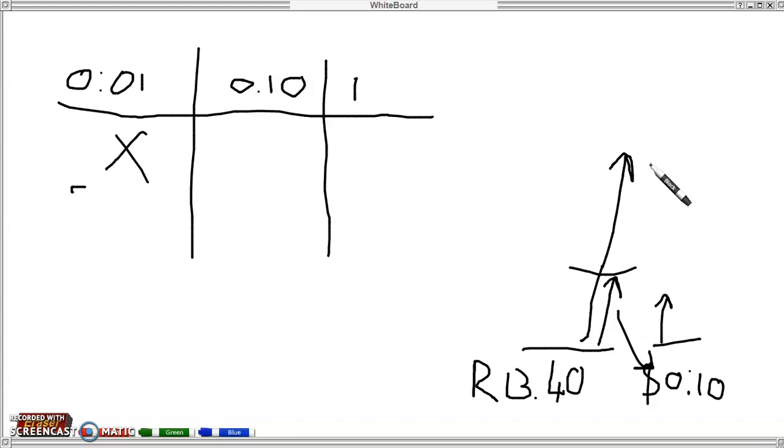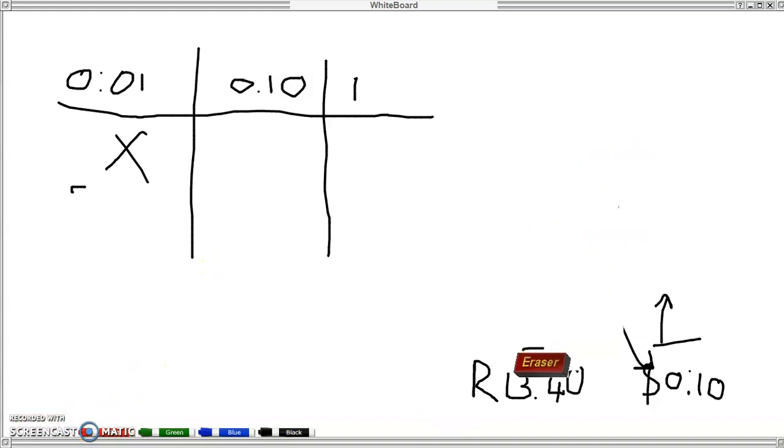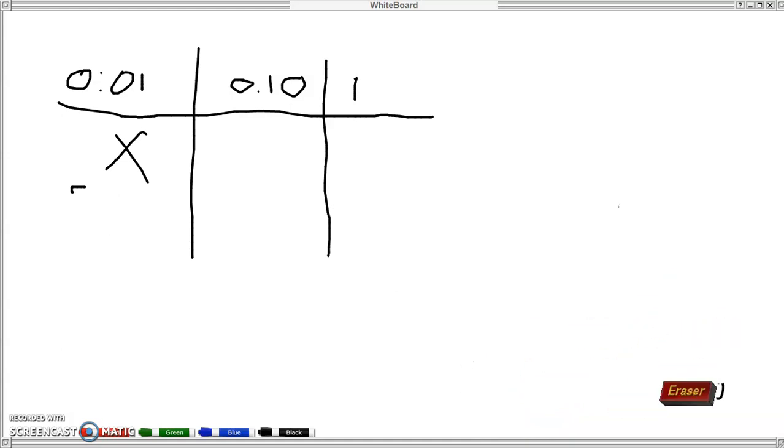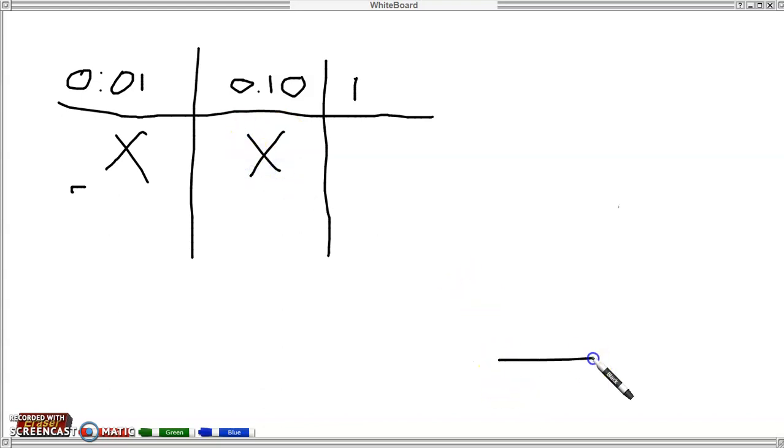So if you're in this category, let me just erase this. If you're in this category and your entry point is here, now we're moving at 0.10 lot size. So this is your entry point.